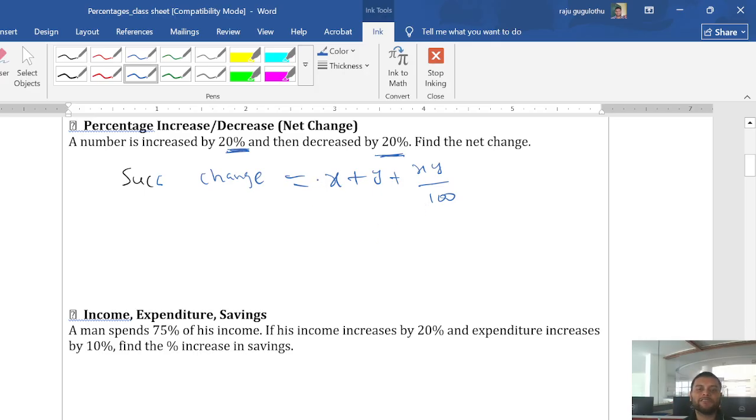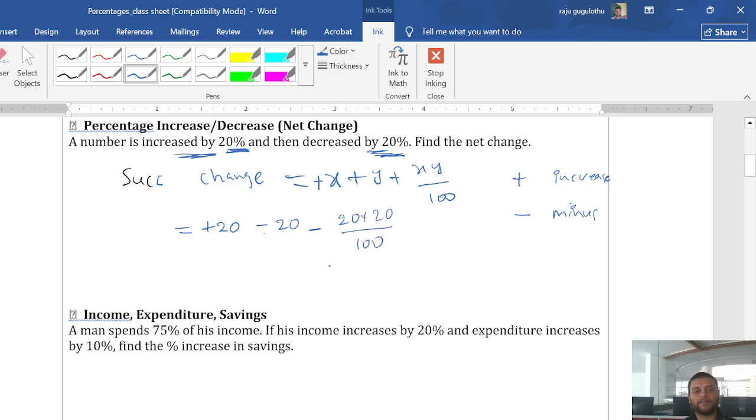So here, first an x% increase is there, next a 20% decrease is there. For increase we will be taking the plus symbol, and for decrease we will be taking the minus symbol. Here the question says a number is first increased by 20 percentage, so we take plus 20, and then it is decreased by 20 percentage, so we take minus 20 because the value is decreased, and plus into minus, minus 20 into 20 by 100.